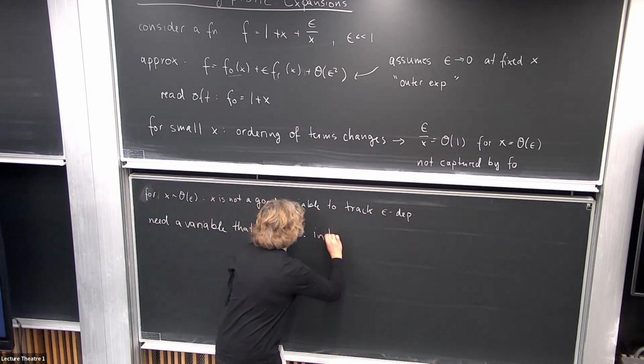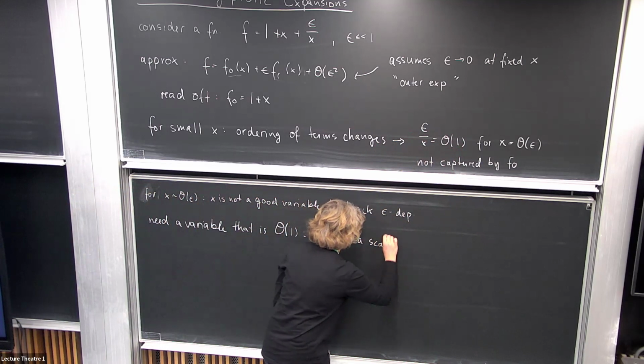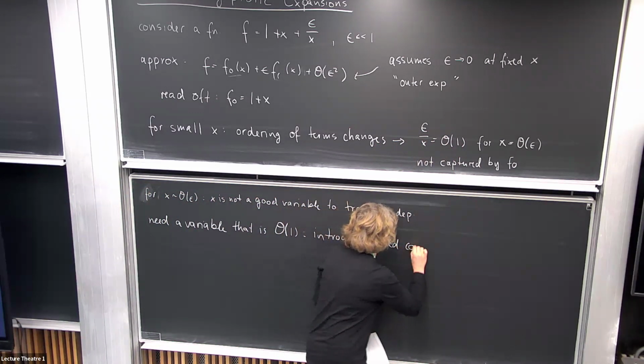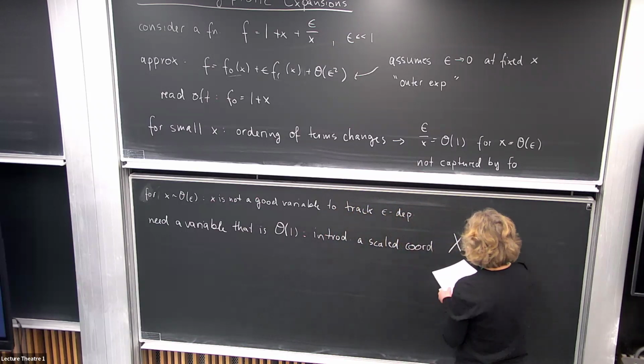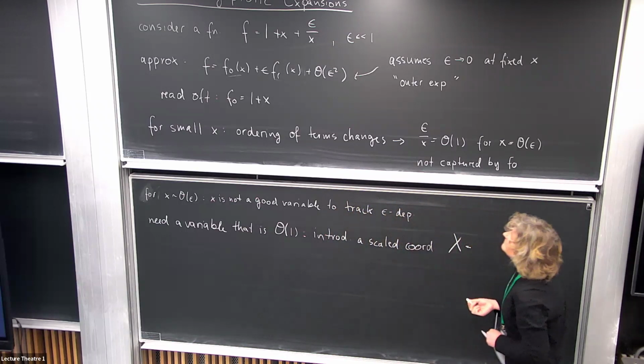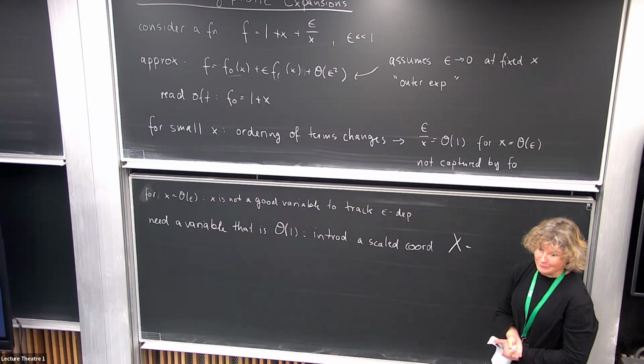So introduce a scaled coordinate, which let's call it big X. And how should we choose it? Maybe you tell me what we should choose for it.